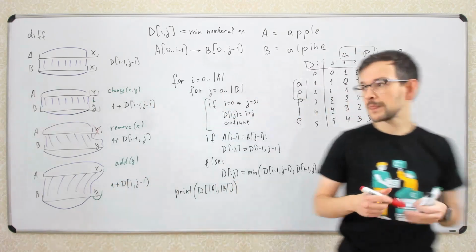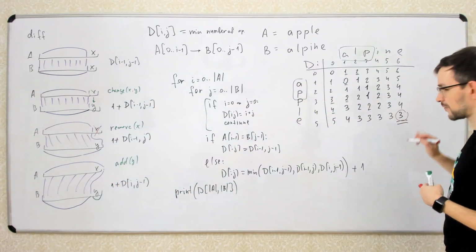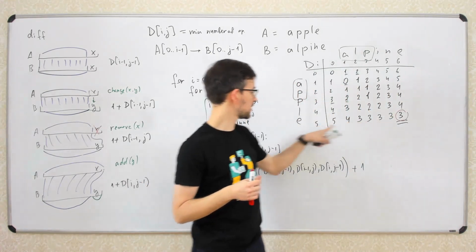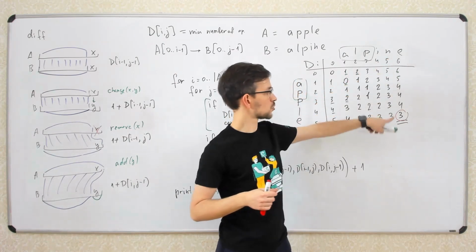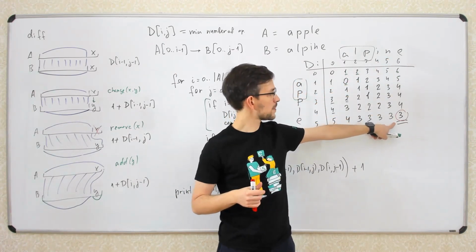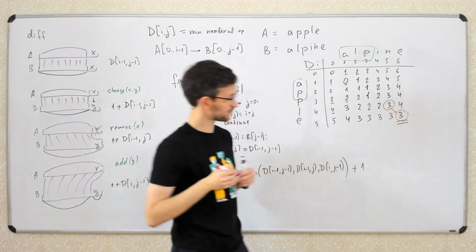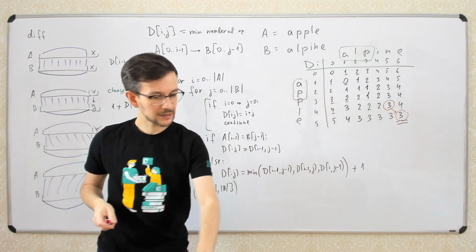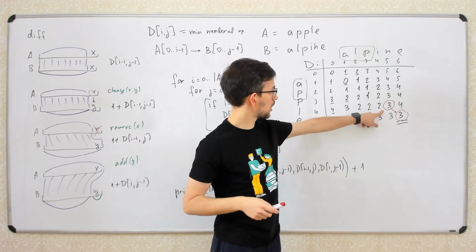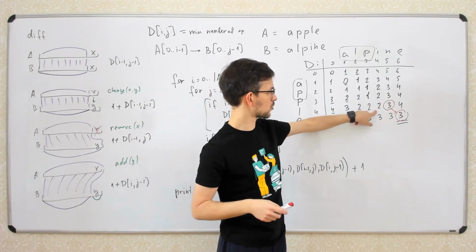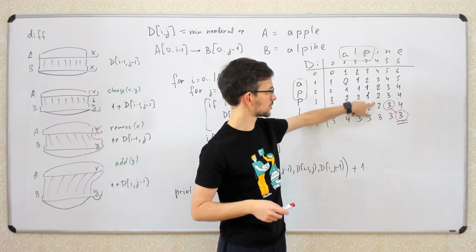For example, here I ended up with value 3. How did I get this value 3? Very simple. I had these 2 characters the same, so I obtained this value 3 by going from this cell to here. And how did I obtain this number 3? It's pretty easy. For example, you can go from the left or from this, from one of these 2 cells.